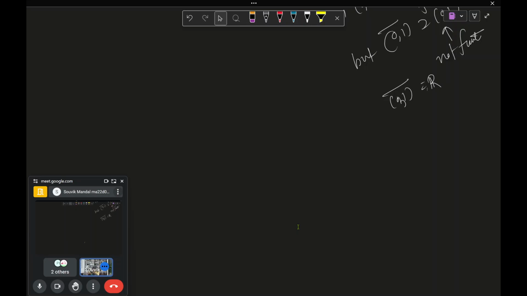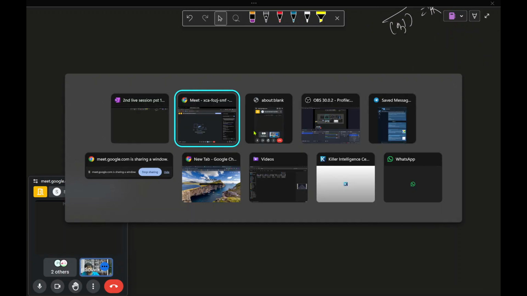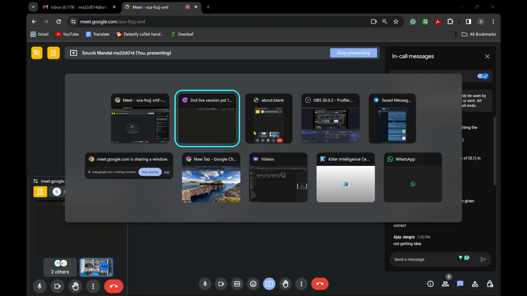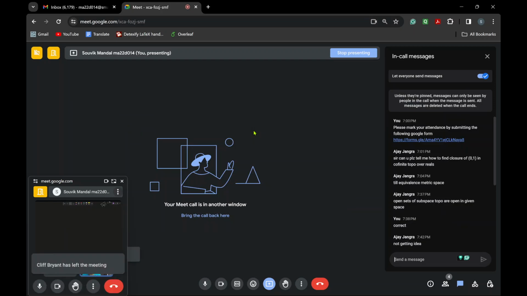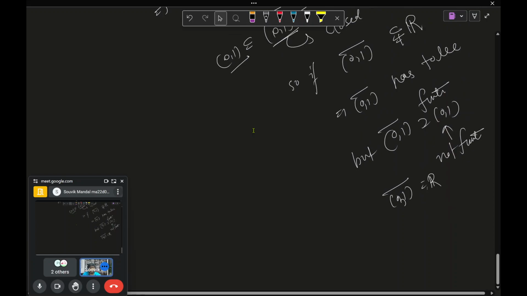That whole notion exists in topology also, so let me write down the notion in topology. I could not see the chat actually, so if you have any doubt, please unmute yourself and ask. Ajay, please tell which portion you did not get.